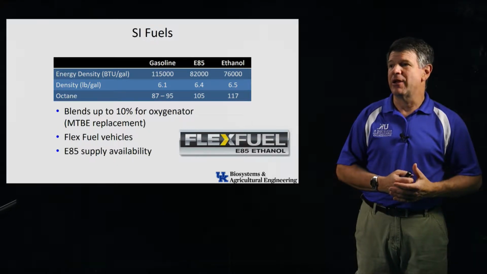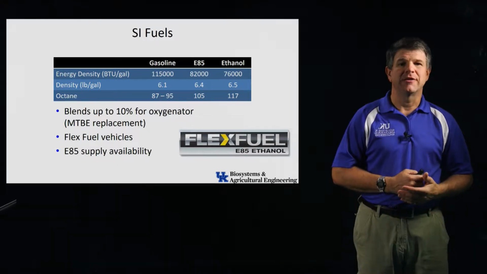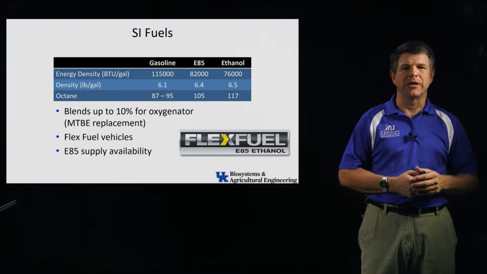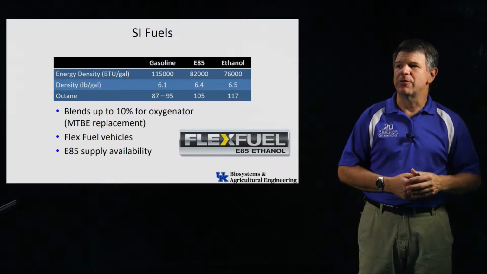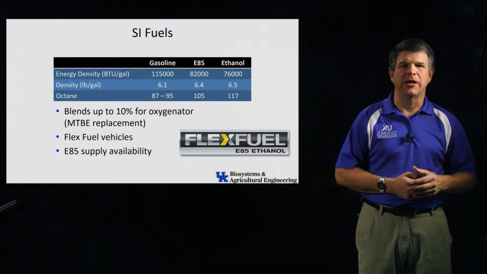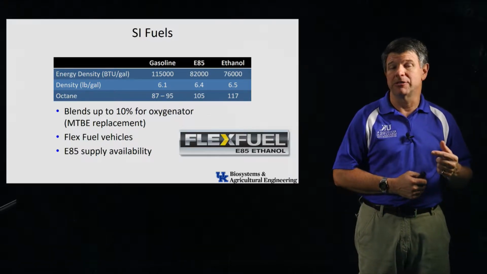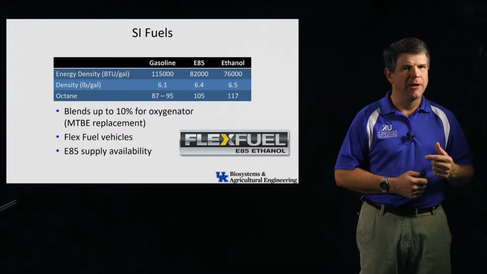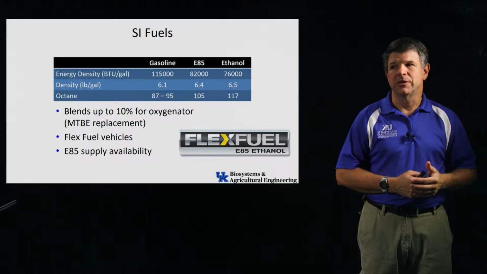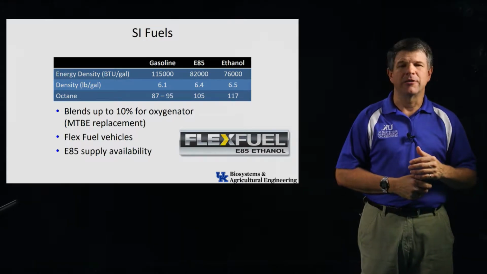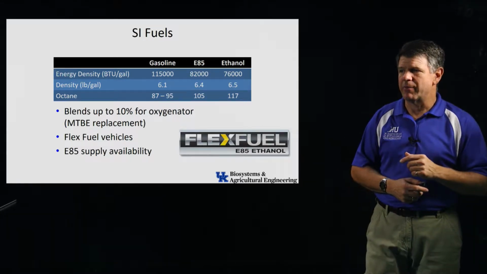So the octane of gasoline, anywhere from 87 to 95, you see those numbers on the pump, and we'll come back and show what those numbers mean. But ethanol has a much higher octane rating, and so that's going to be the difference. So it's not energy density, it's not how much energy is in the fuel, there's actually less energy in ethanol-based fuels. The octane rating is going to be different. We'll see how that makes a difference.